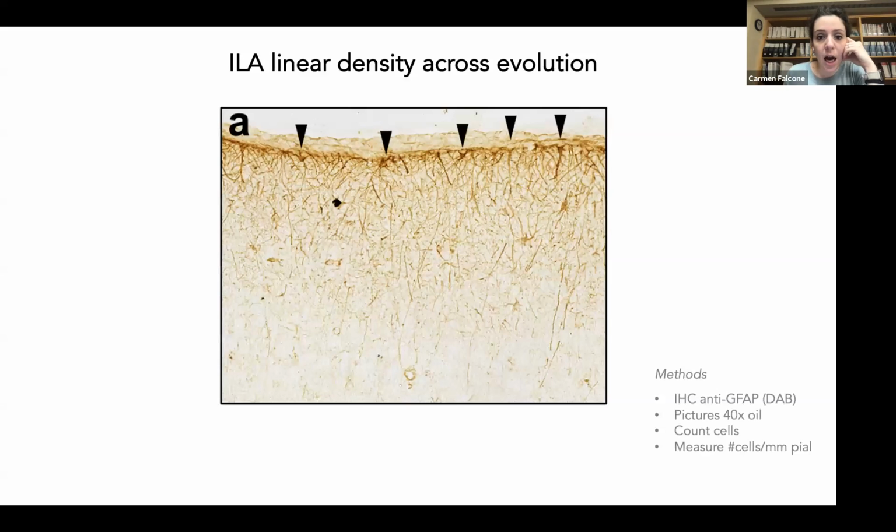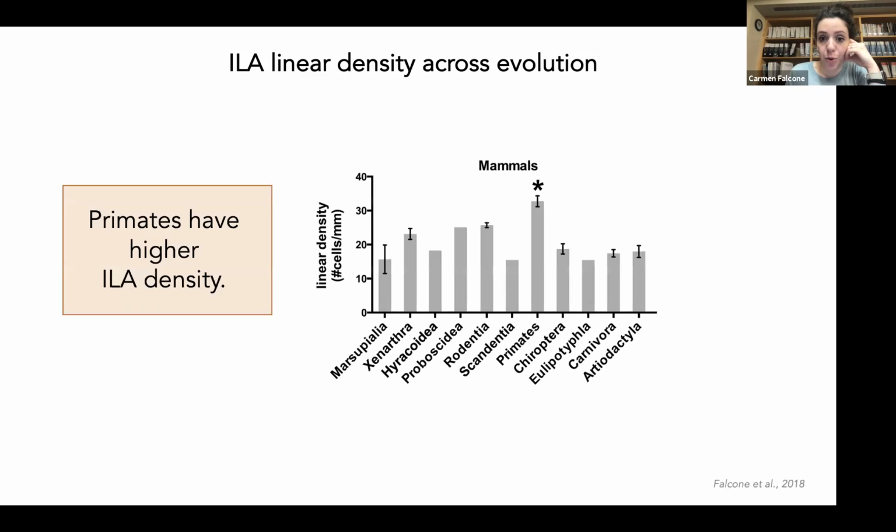And we measured, for instance, the linear density, which we call linear density because we did that measurement on sections, counting how many interlaminar astrocytes we could find aligned along a perimeter of the pial surface. And first of all, we found that primates have more of these interlaminar astrocytes. So they have a higher linear density of interlaminar astrocytes with respect to the other orders.